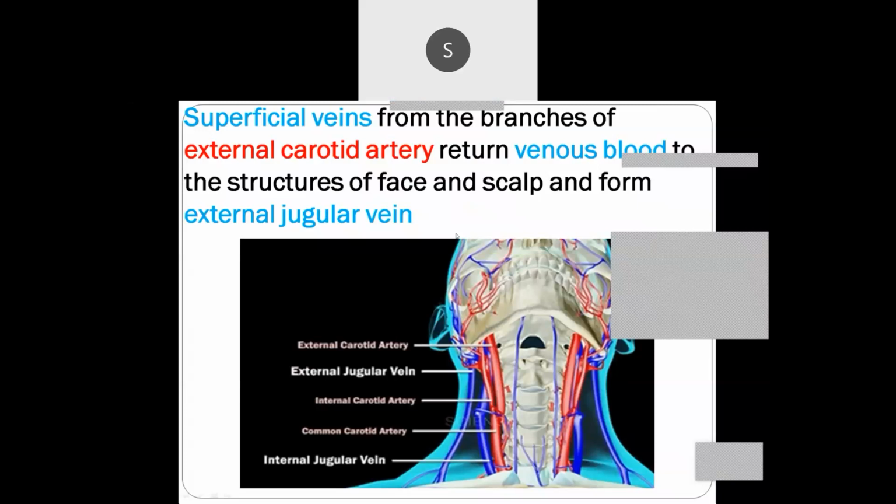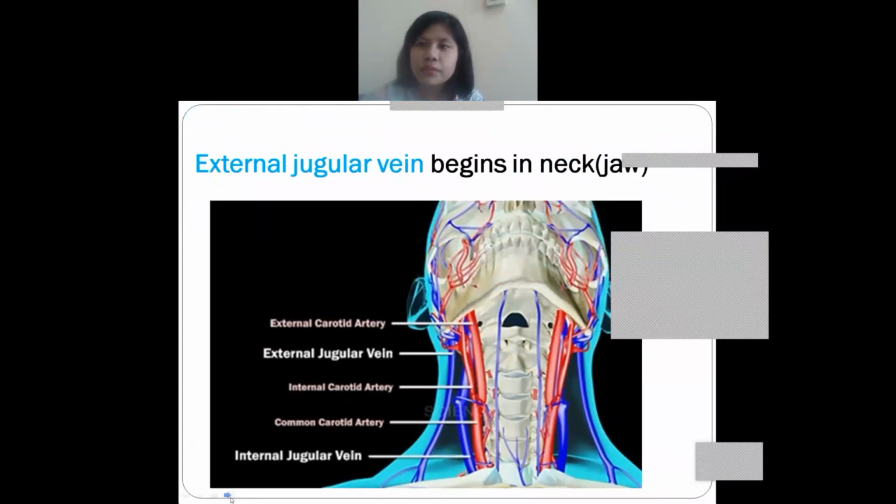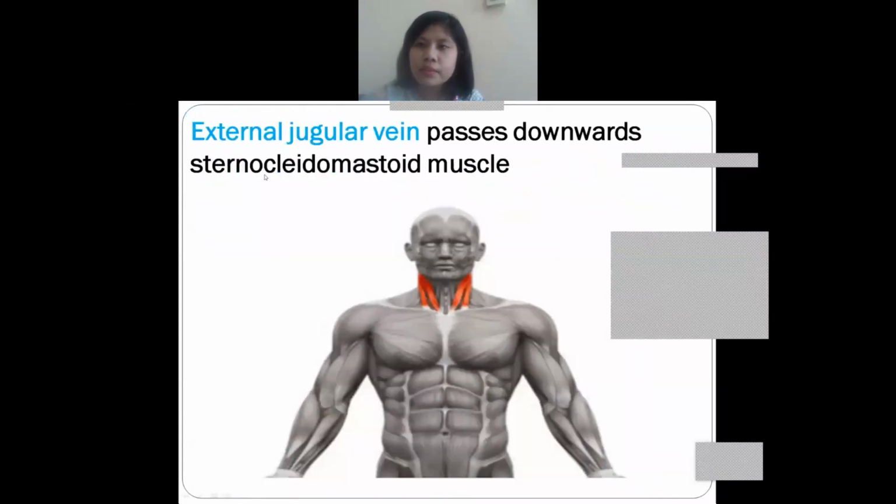Ma'am, sternocleido mastoid muscle. Okay, it's good. Sternocleidomastoid muscle. Okay, this one, which you will find in this area. Okay, good.